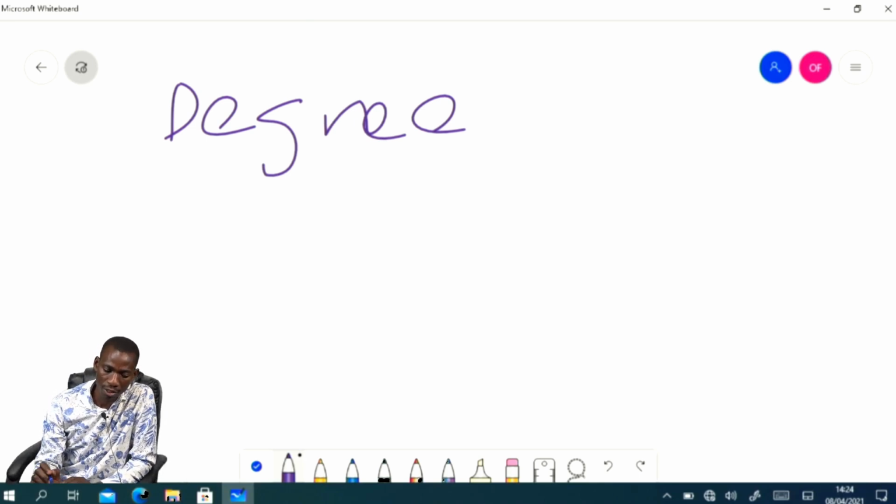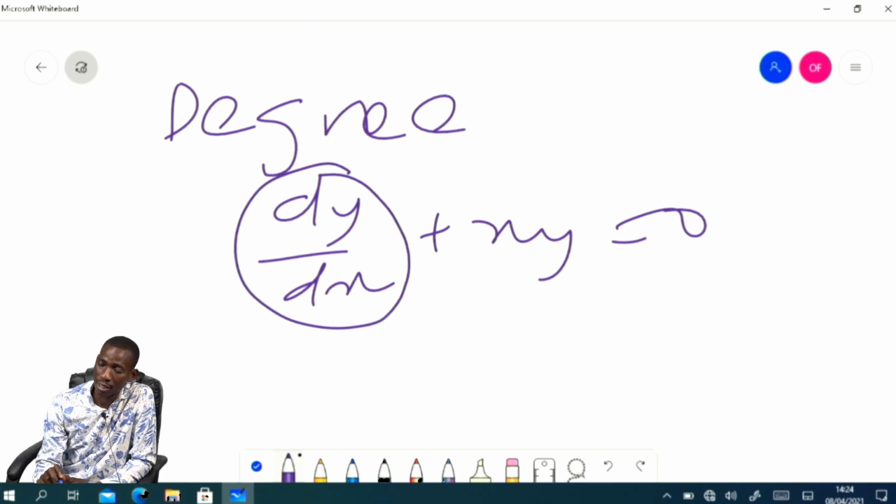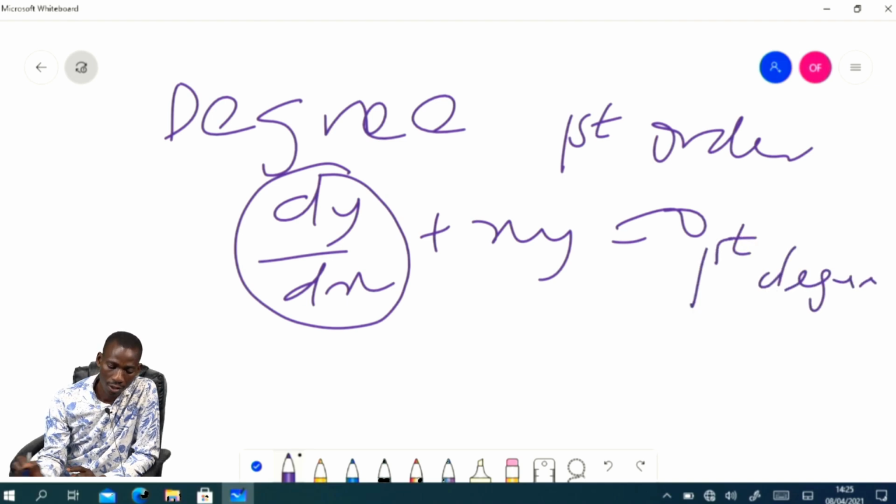Let's take, for example, dy/dx + xy = 0. This is the highest derivative in this equation, so it is of first order, and dy/dx has an index of 1, so it is also of first degree.